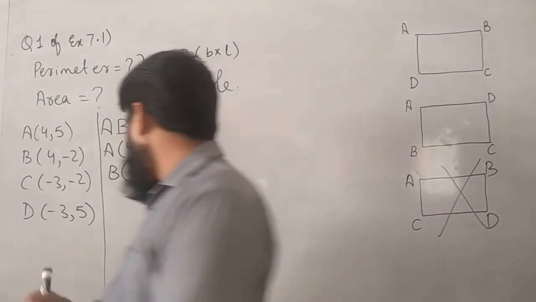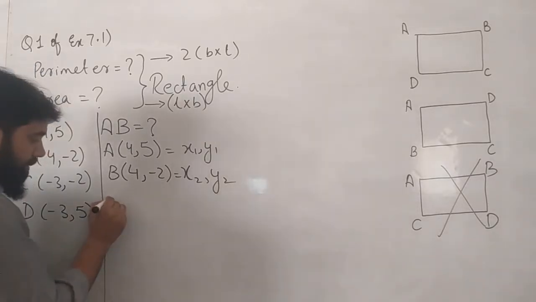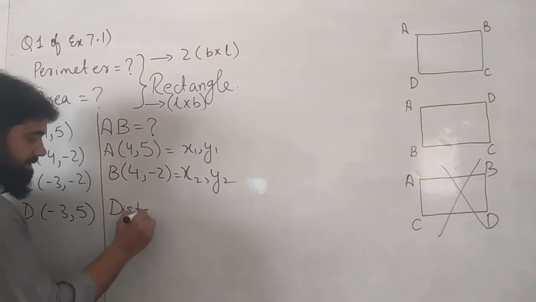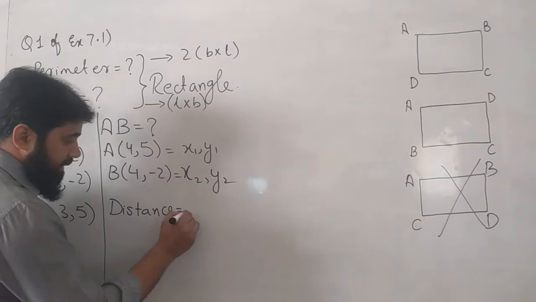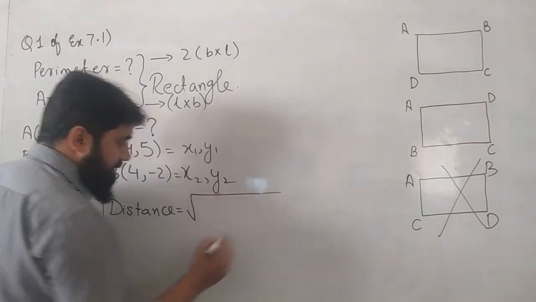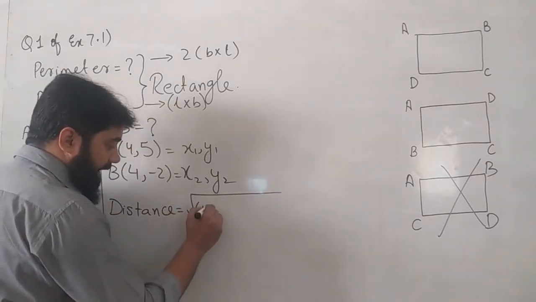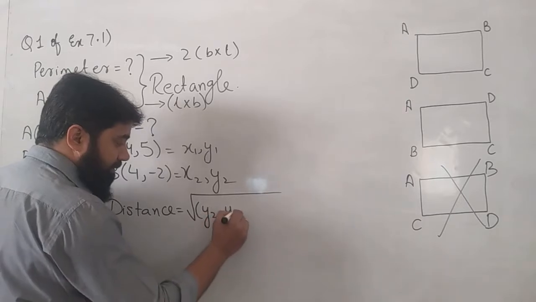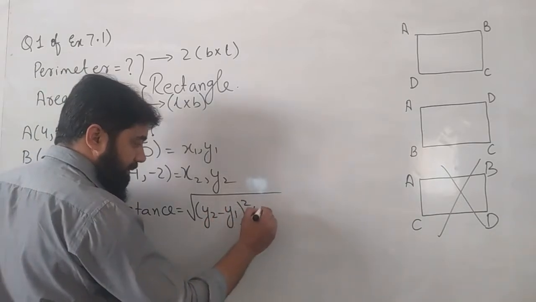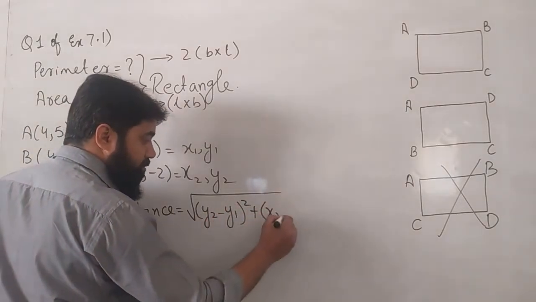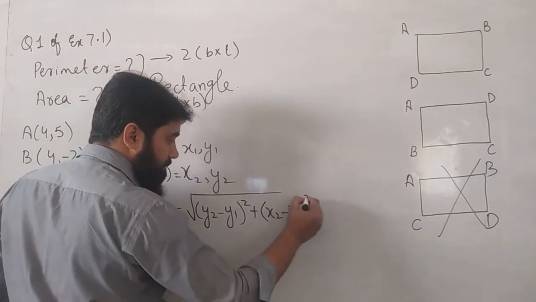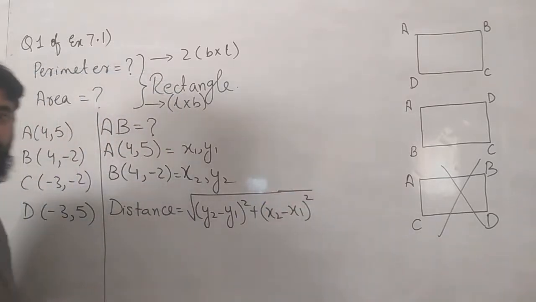So applying my distance formula. What is my distance formula? As we have discussed earlier, it is the square root of y2 minus y1 whole square plus x2 minus x1 whole square.